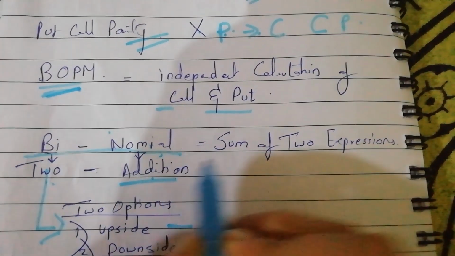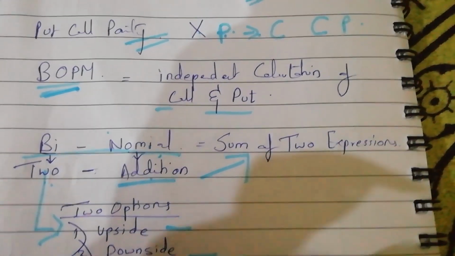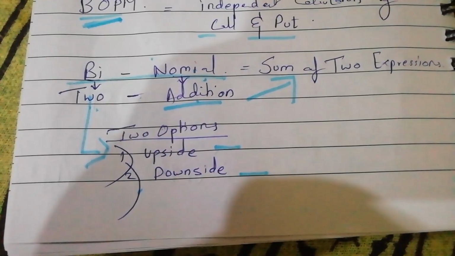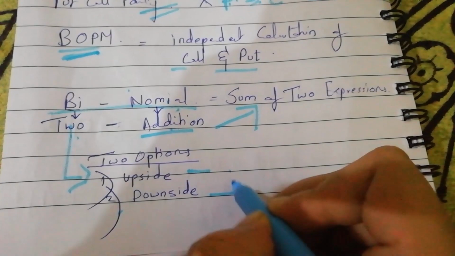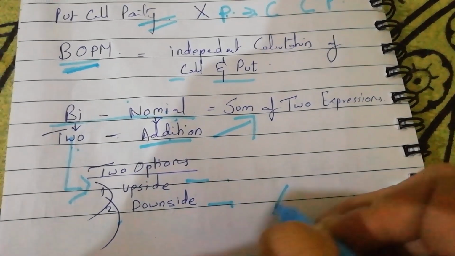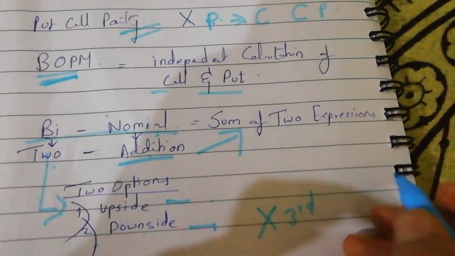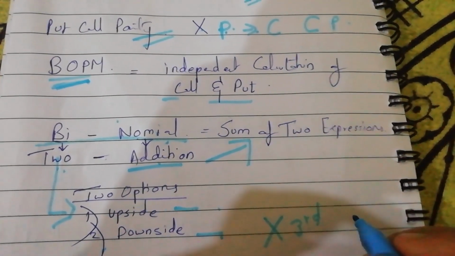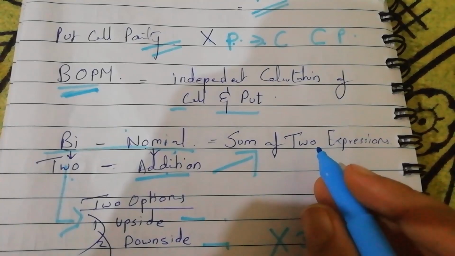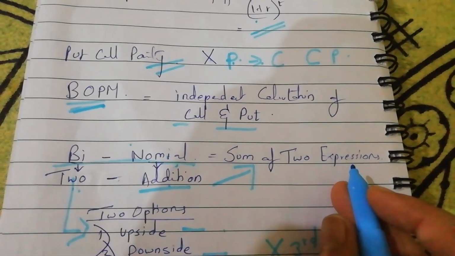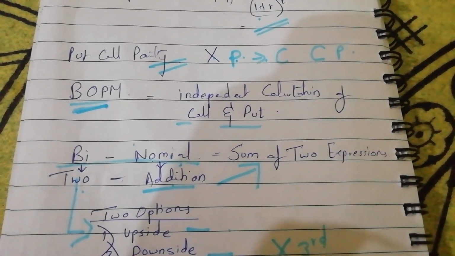And addition because we are doing the sum of two expressions. It either goes upside or downside, there is no third expression. So what we have to finally do is take the average of the two expressions, multiplying them with the probabilities.